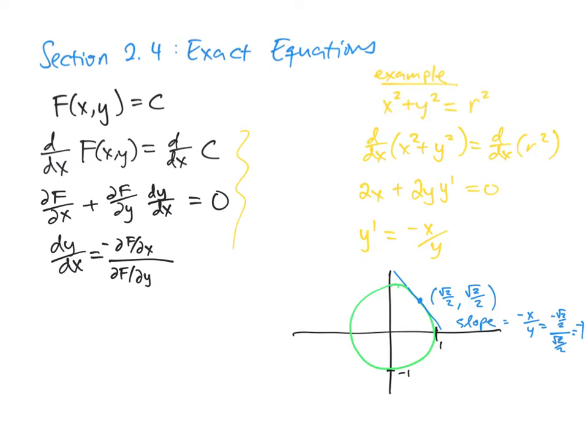Same thing right here, we know the slope should be 0, and this point is 0, -1, and the slope equals negative x over y, which equals 0. Of course, you run into problems at the vertical slope, but you always run into problems there.